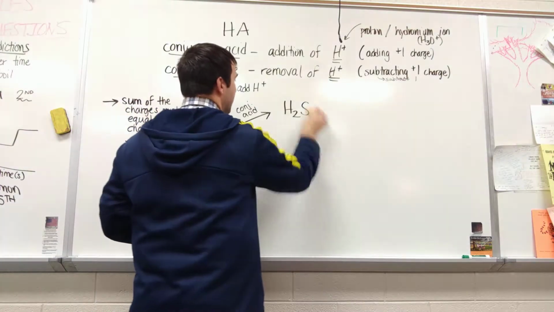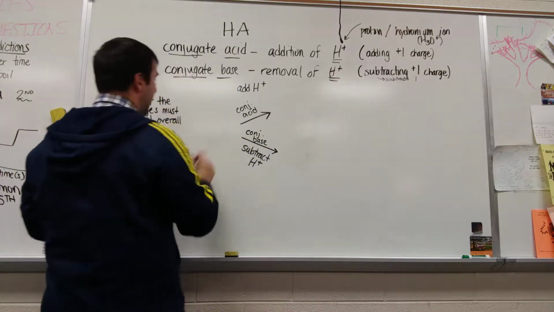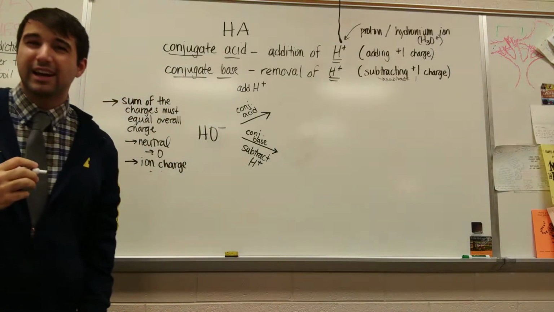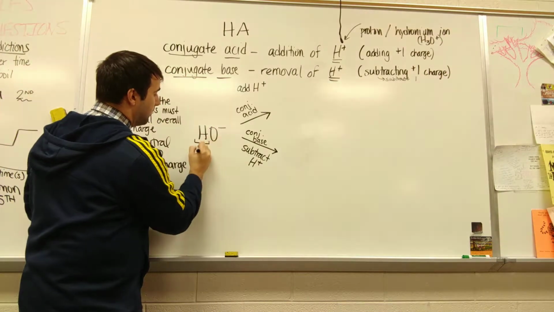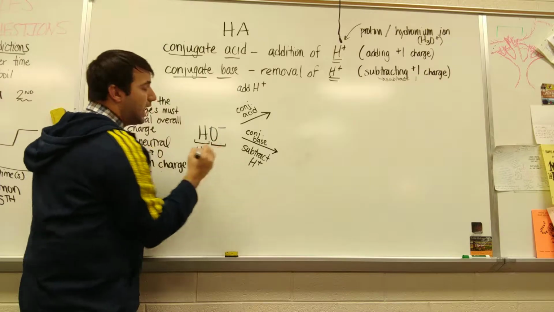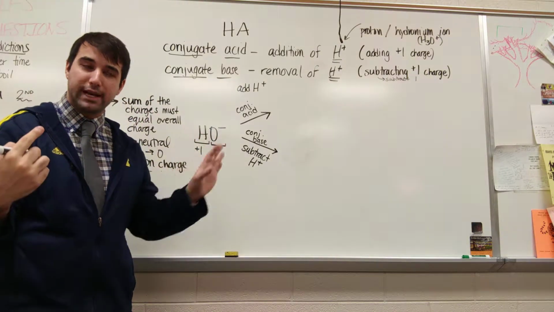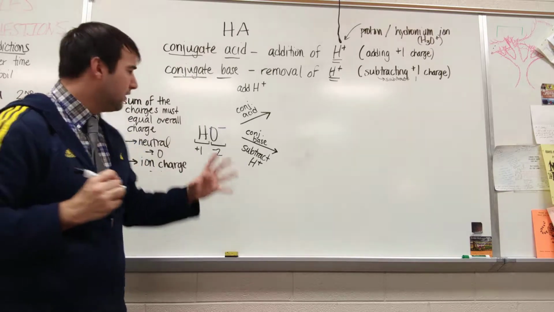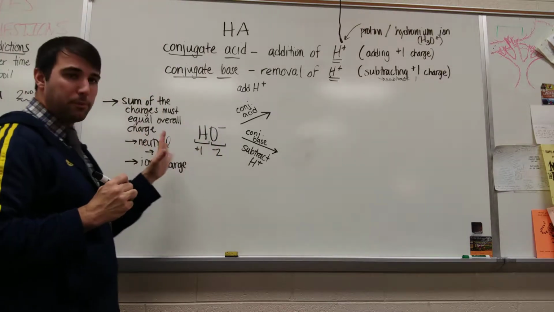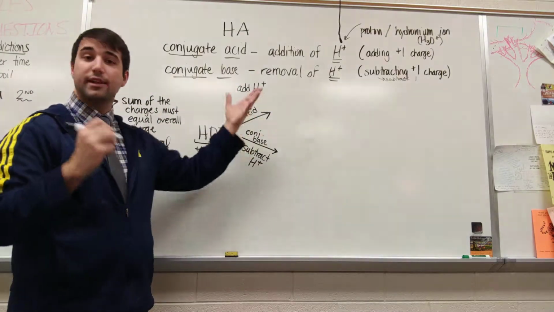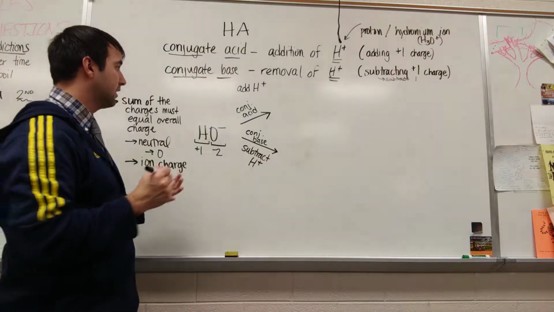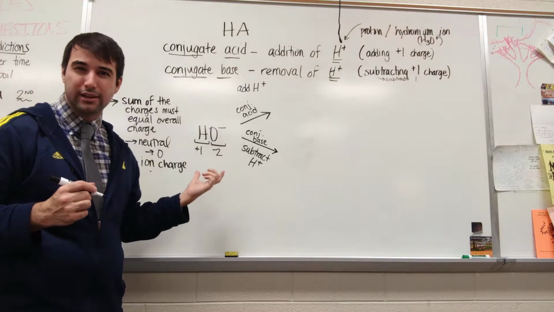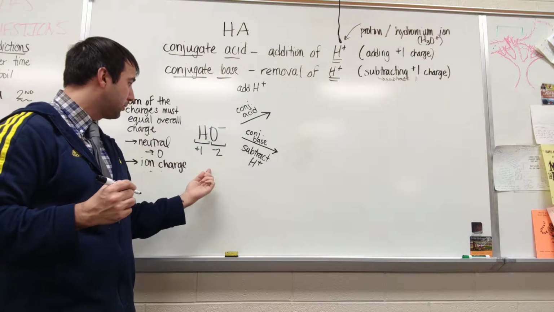Let me do another example. Let's say I'm going to do hydroxide, HO-. Side note, hydrogen is always +1 charge. Oxygen typically forms by itself a -2 charge, so keep that in mind. This is ionic rules, but you can still do it using this acid-base conjugate business. If I want to make the conjugate acid of HO-, I'm going to add H+.